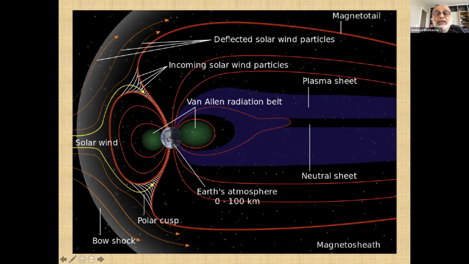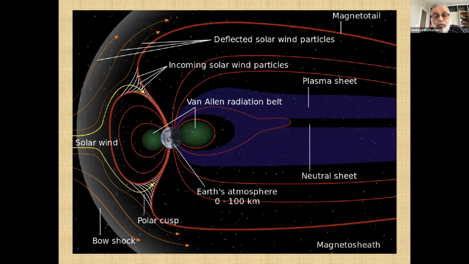In fact, this entire distance, terminating here with field lines on the ionosphere but extending on the right side to very far distances, well in excess of hundreds of Earth radii, is what constitutes the magnetotail.